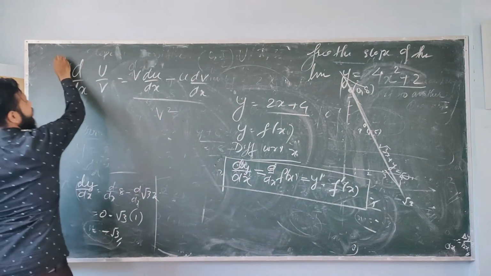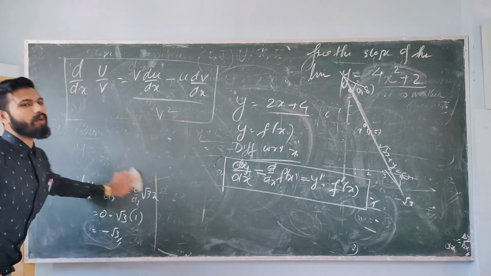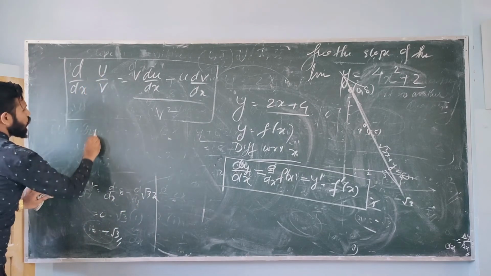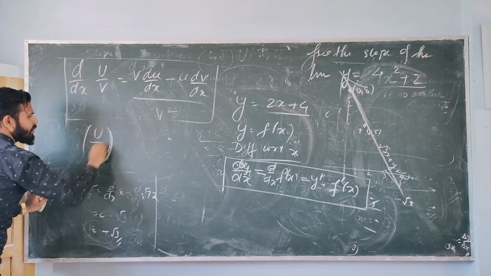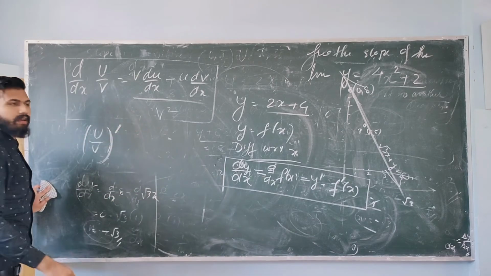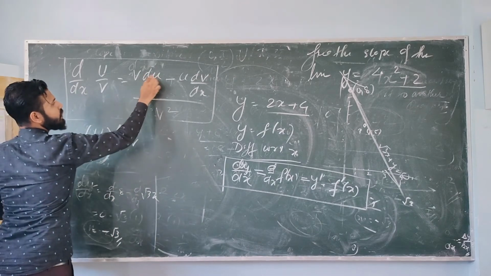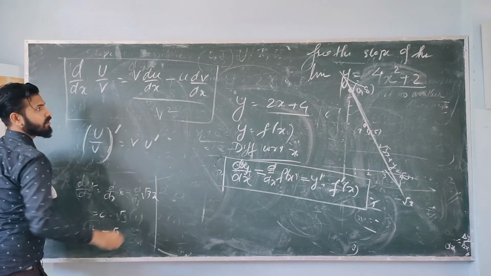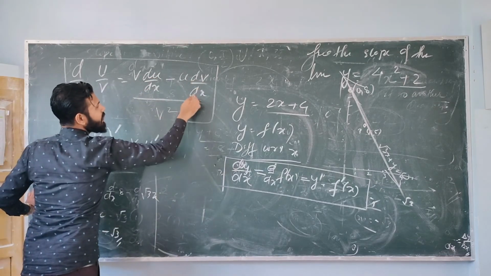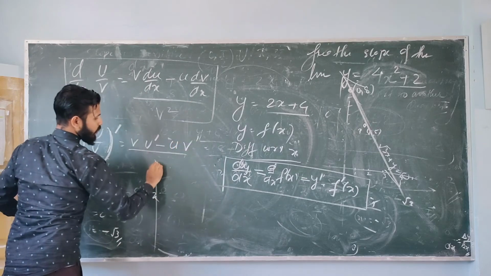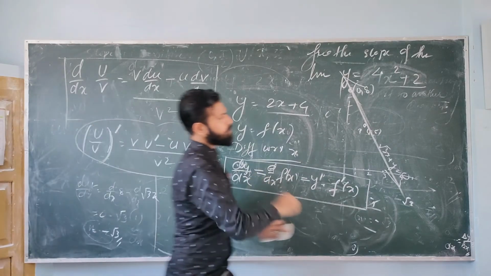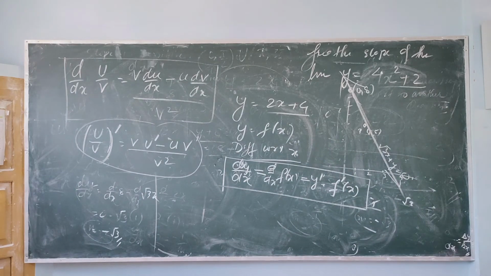So in shorter form, how can we write d/dx of U by V? The derivative of U by V equals V times the derivative of U, minus U times the derivative of V, by V square. Shortcut. Same thing.